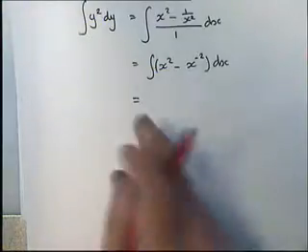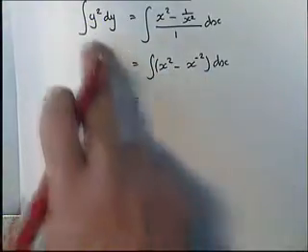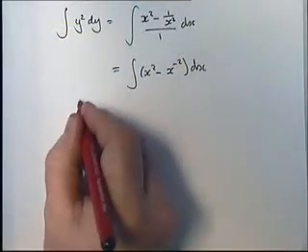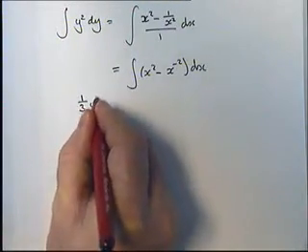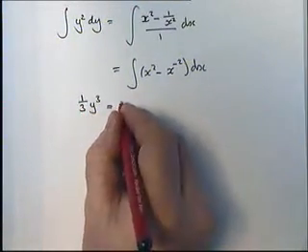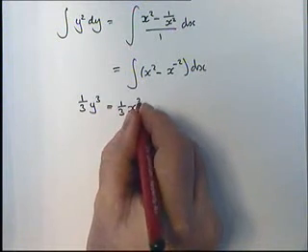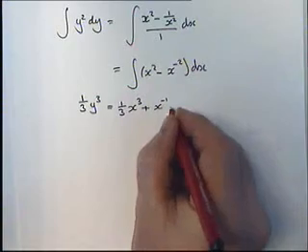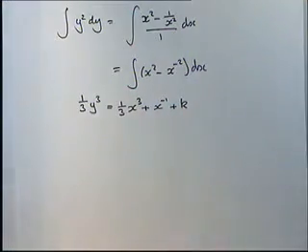So now we're going to integrate. We're going to integrate this with respect to x and this with respect to y. So the left hand side integrates to become a third of y cubed, and the right hand side becomes a third of x cubed plus x to the minus 1 plus a constant k.